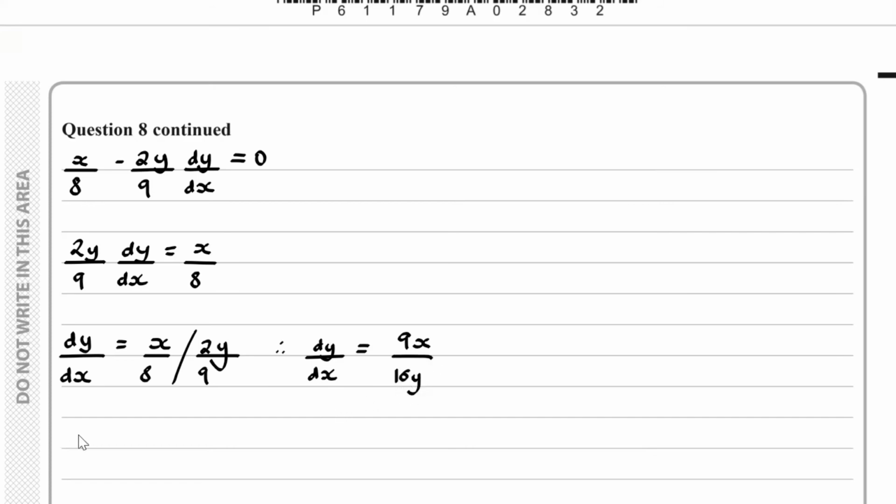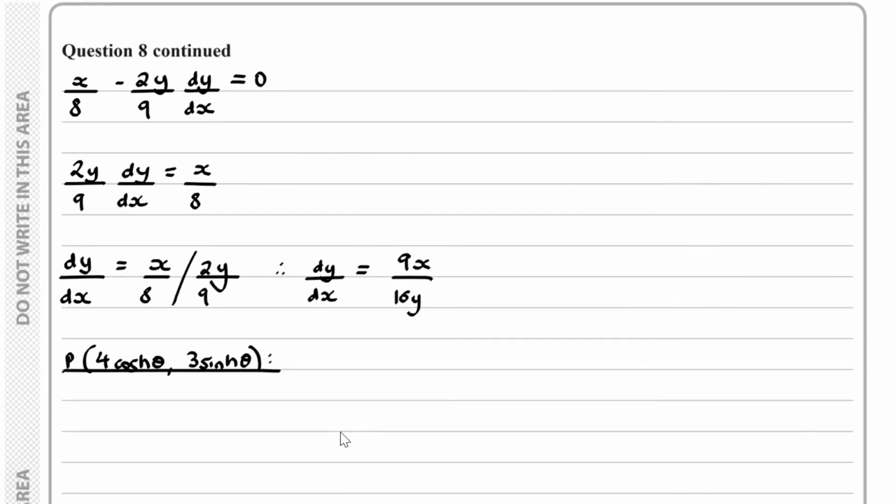And at this point P, with coordinates (4 cos theta, 3 sin theta), if we substitute this into dy over dx, hopefully you can see that dy over dx is equal to 9x.